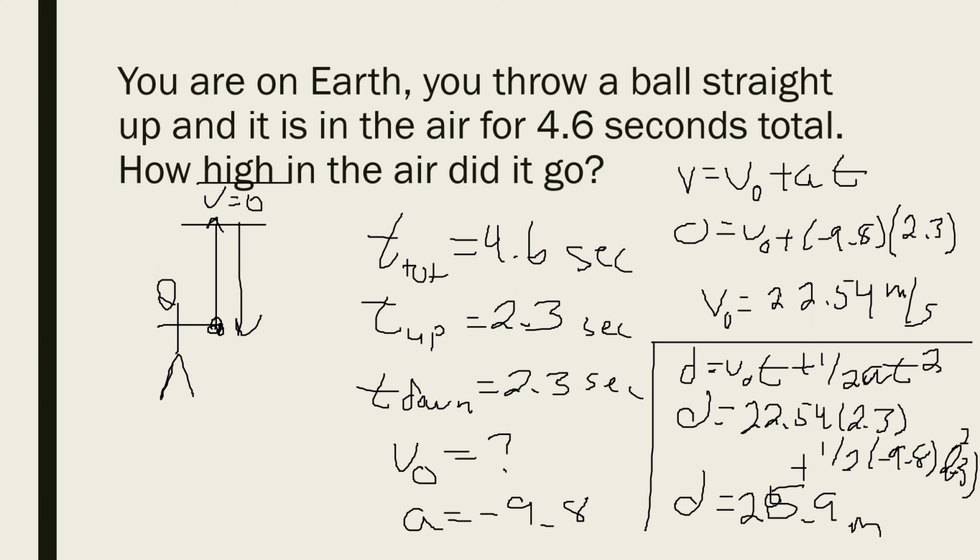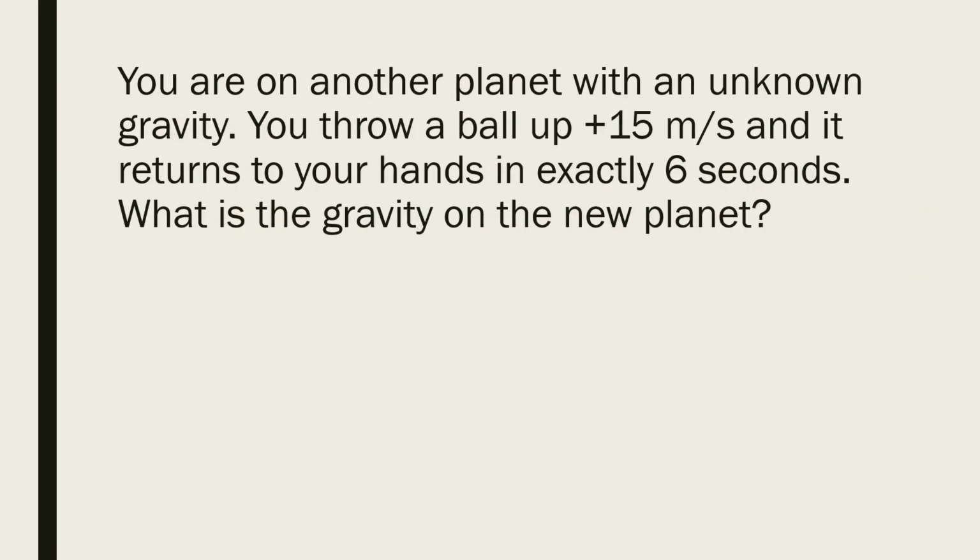Don't let these things intimidate you. Even if you had something like this. Now you're on another planet. You're on another planet, unknown gravity. Unknown gravity means A is not negative 9.8. It's something else. I'm going to draw my picture because my picture helps me.